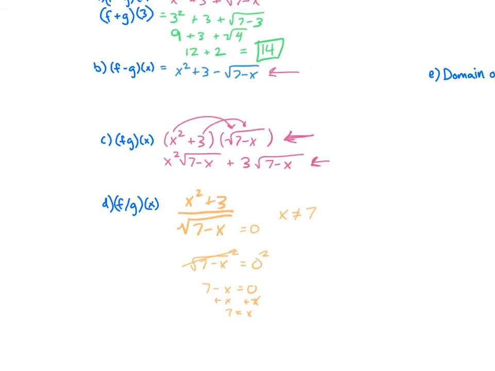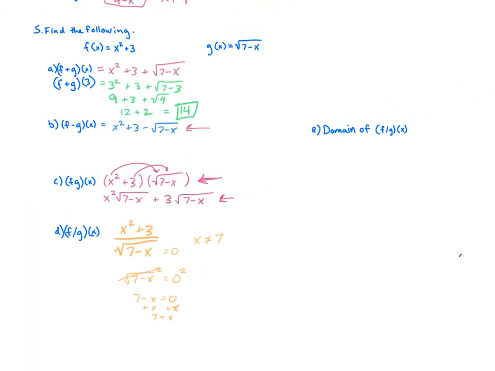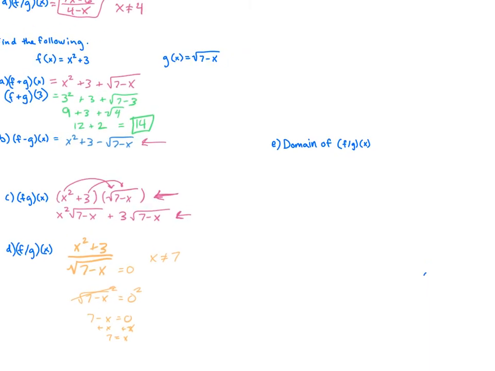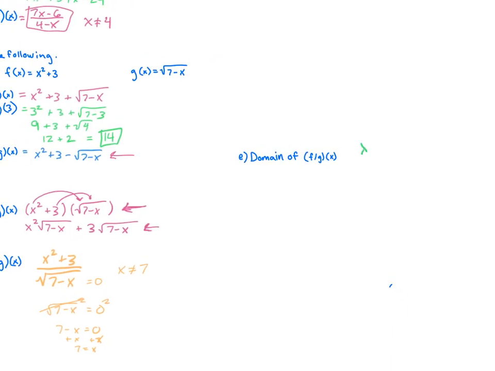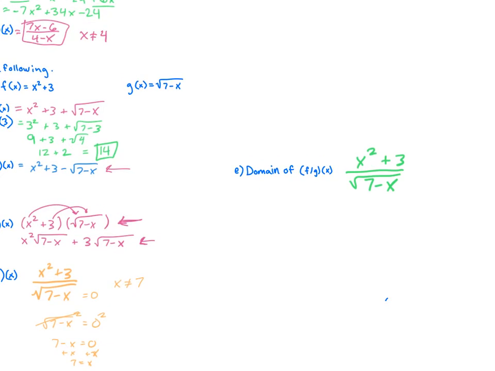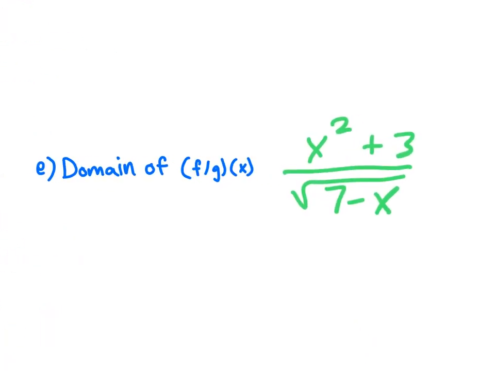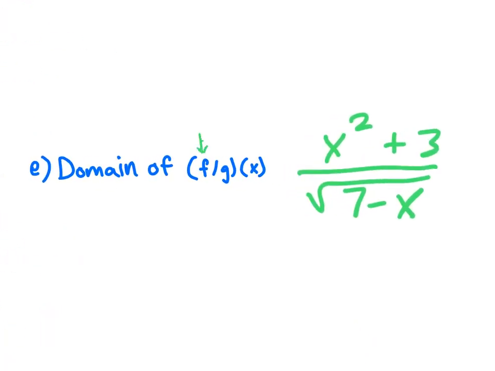But this brings us to our domain question that we have over here on the right. So let's take a look at this one. We have x squared plus 3 over the square root of 7 minus x. So we need to find the domain of this. When finding the domain of a combination, we have to find the domain of f and the domain of g and take what's in common between those.